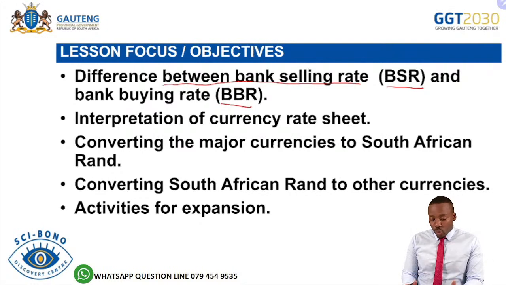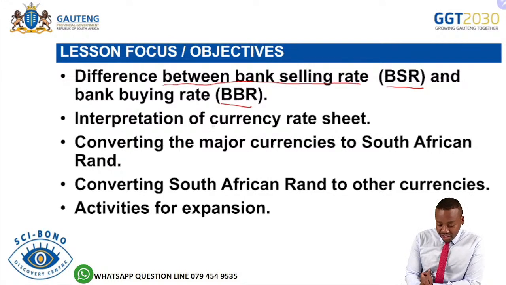But in grade 12, we don't have exchange rates, but we call them what? Bank selling rate and also what? Bank buying rate. Right, once we have dealt with that difference between the 2, we will now try again to interpret a currency rate sheet, right?